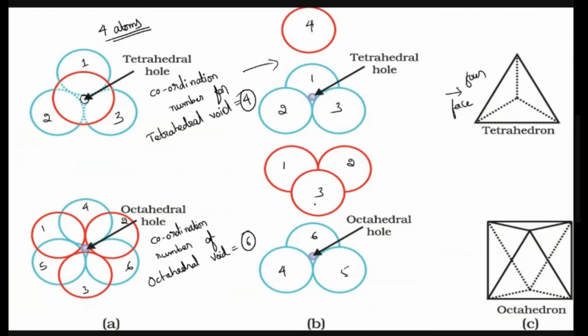This hole is going to touch 6 atoms. The number of nearest spheres becomes the coordination number. The coordination number is 6. So please remember the octahedral void's coordination number and the tetrahedral void's coordination number.